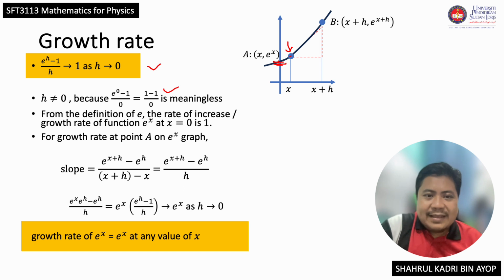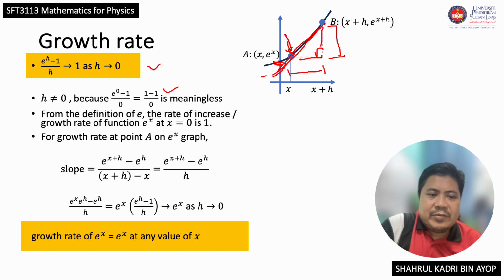To get that information, the growth rate is equal to the slope at that point. Let's concentrate at this point. To get the slope, we take two points and draw a slope, then we can define a triangle here. So the slope is this divided by this.